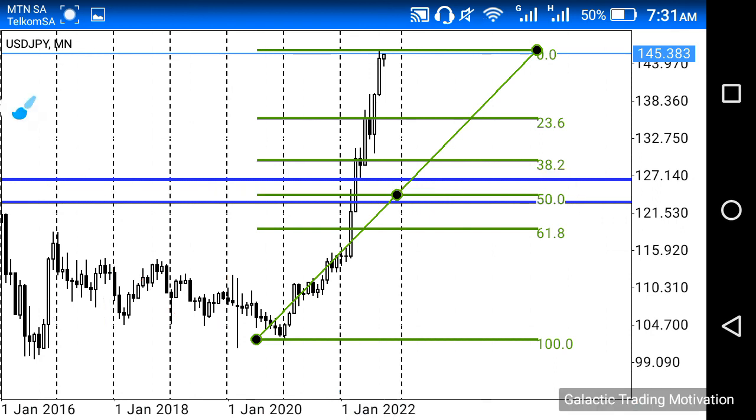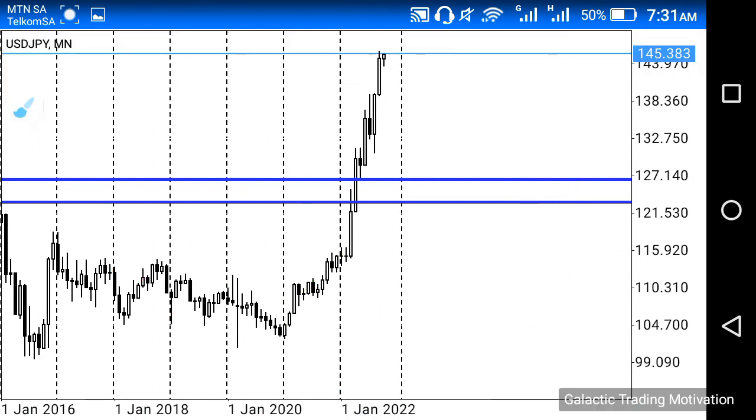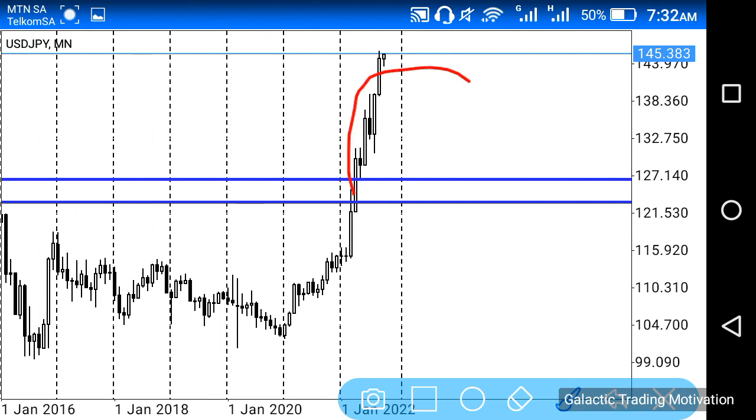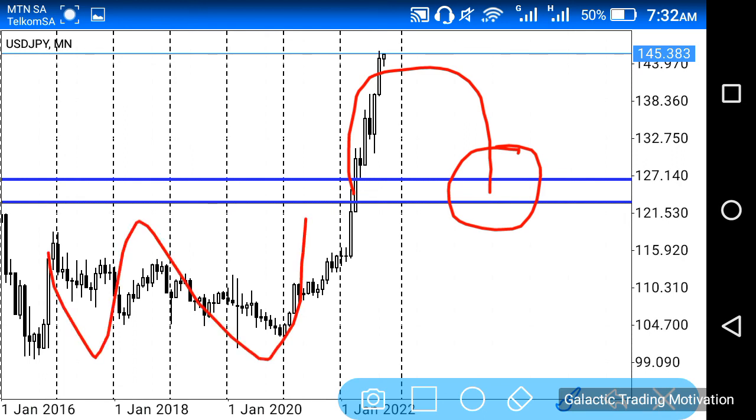So in conclusion, we could say that, as I said, guys, should price come back to this level, we will indeed be looking for potential buying opportunities, and that is because number one, we have that huge W structure. Number two, we have the neckline of that huge W structure at this point.